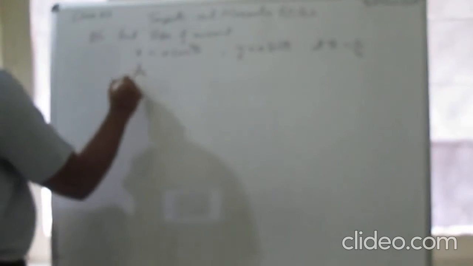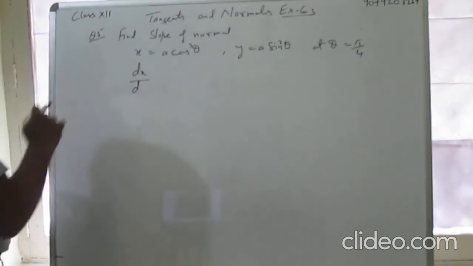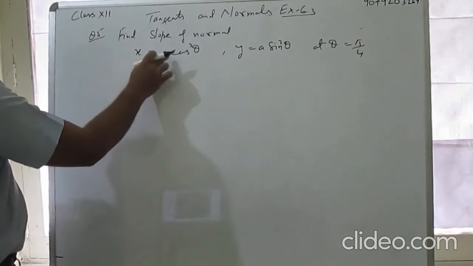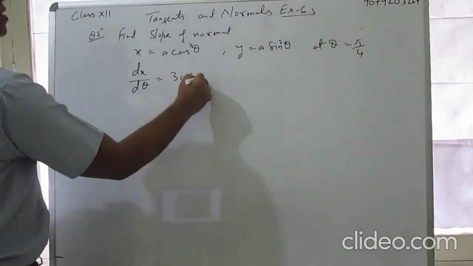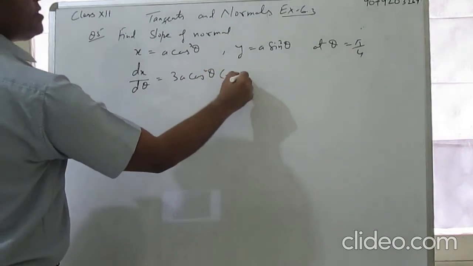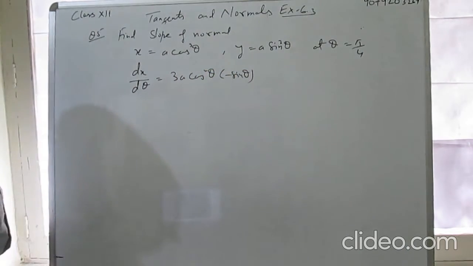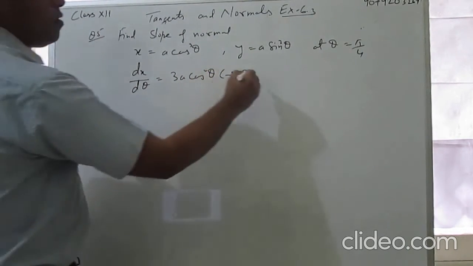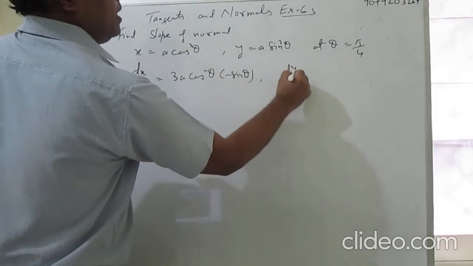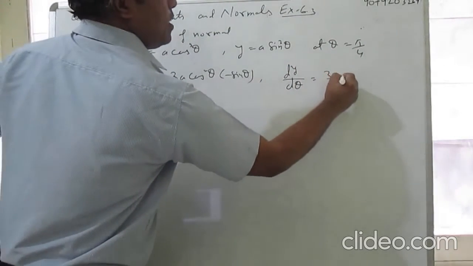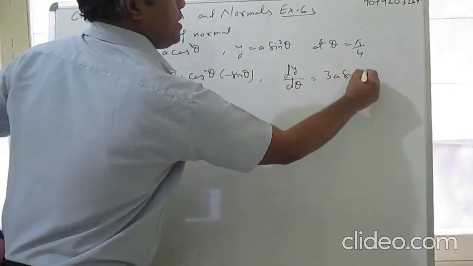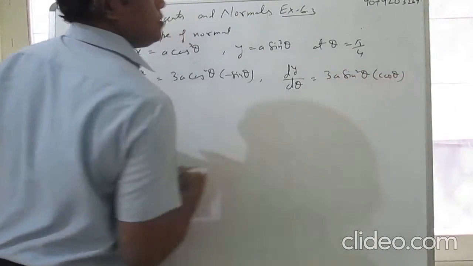First we find dy by dx. So differentiate x with respect to theta. dx by d theta is 3a cos square theta into minus sin theta, and dy by d theta is equal to 3a sin square theta cos theta.